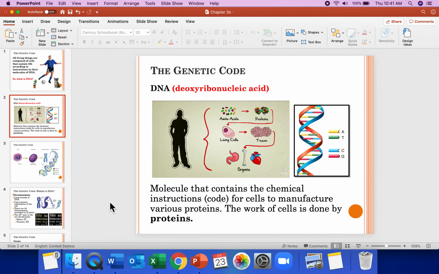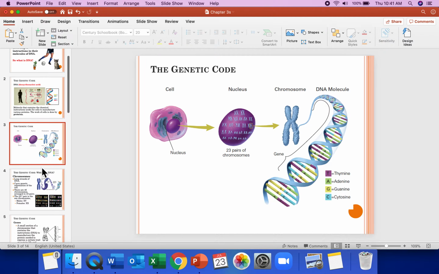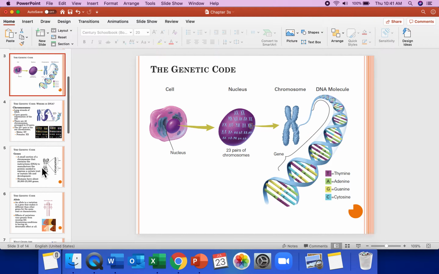So, where is DNA? Zooming in on a cell, we will see that inside the cell there is a nucleus, and inside the nucleus we will see the DNA, which is extremely long, a very long strand. It's measured at about 5 feet.